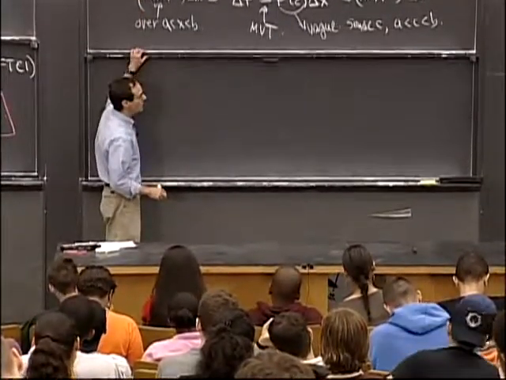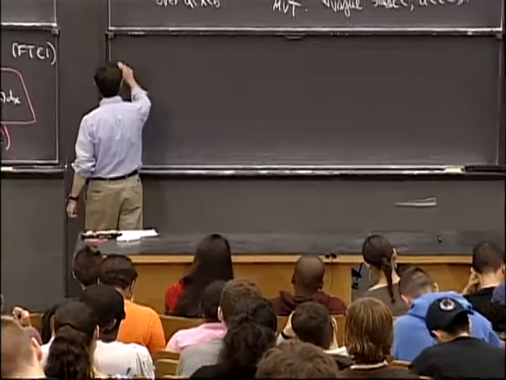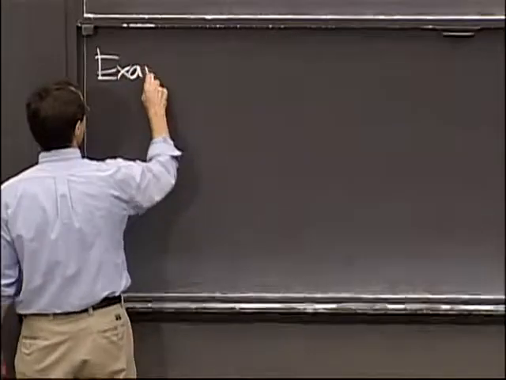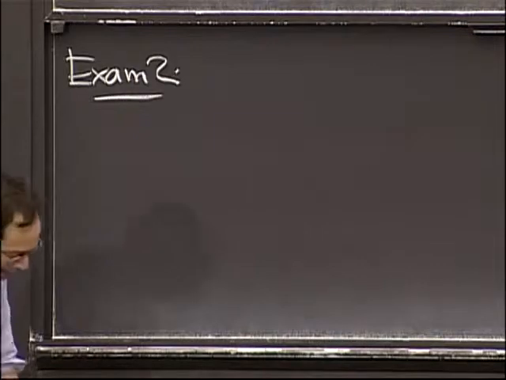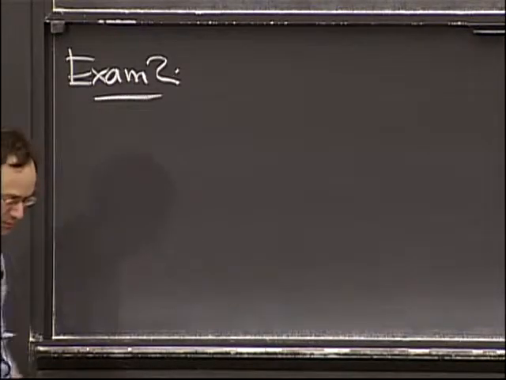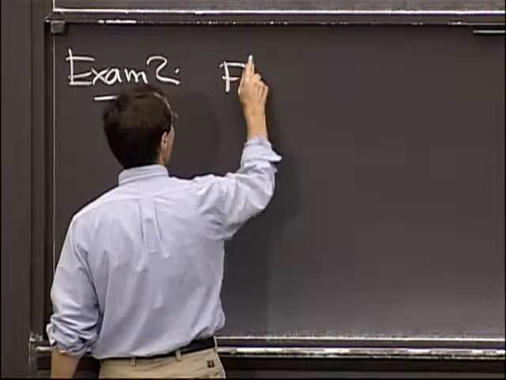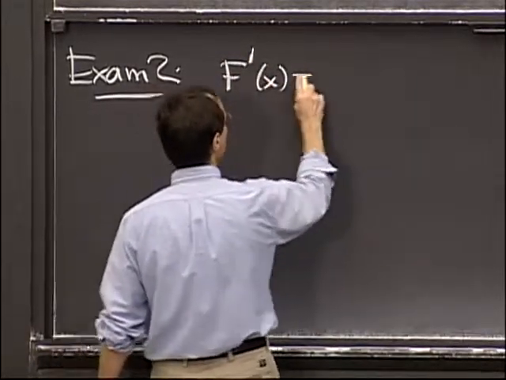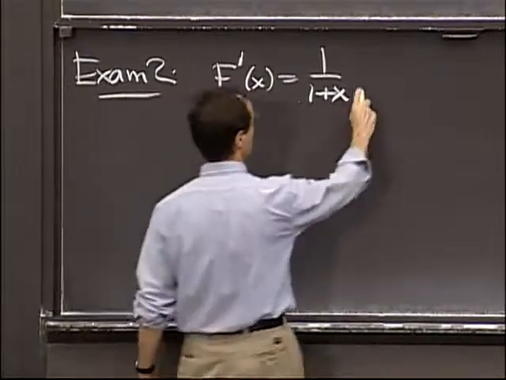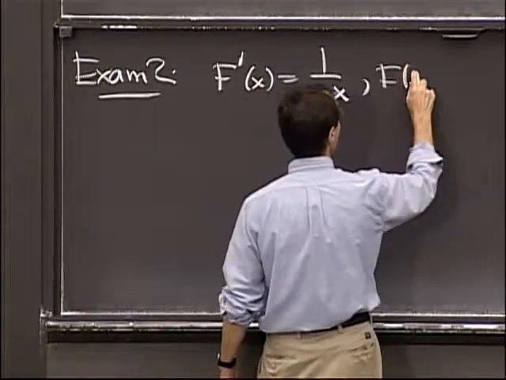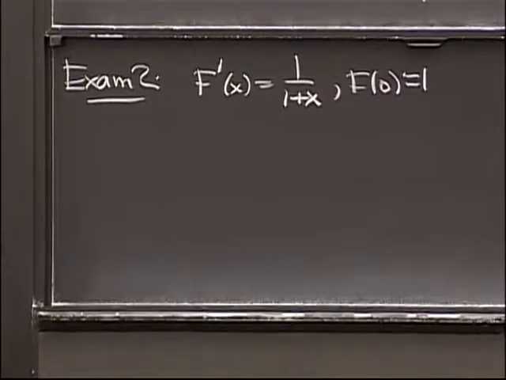And I'm going to elaborate just one step further by talking about the problem that you had on the exam. So there was an exam 2 problem. And I'll show you how it works using the mean value theorem and how it works using integrals. But I'm going to have to use this notation capital F prime as opposed to little f, which was the notation that was on your exam. So we had this situation here. These were the givens of the problem.